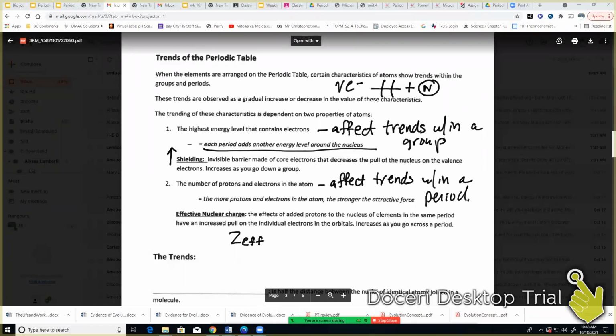So it's the effect of added protons to the nucleus as you move within the same period. And because I'm having now more positive particles in the nucleus, all the electrons would be held tighter. So Z-eff increases as you go across the period.